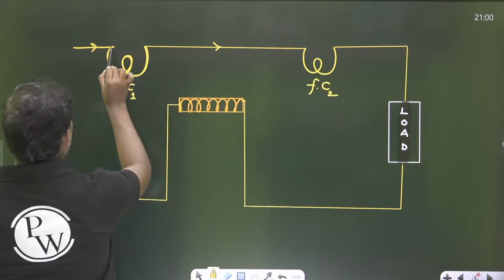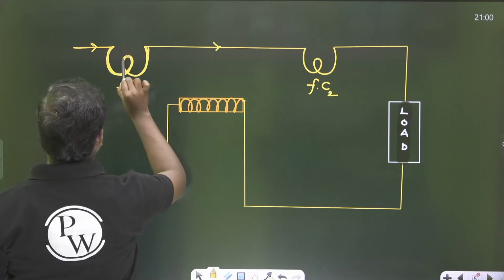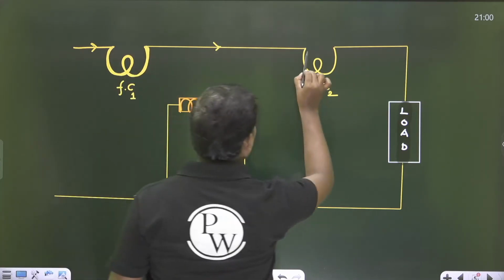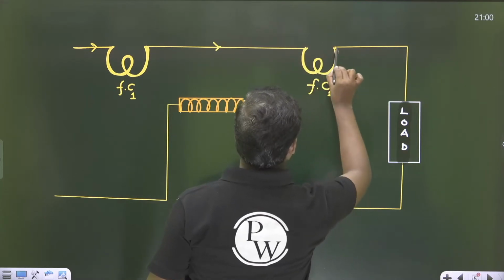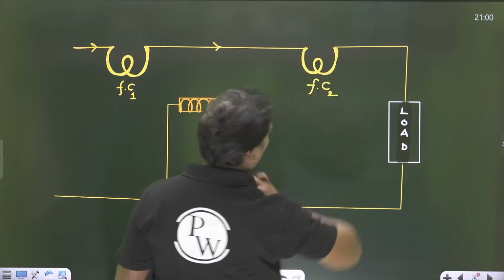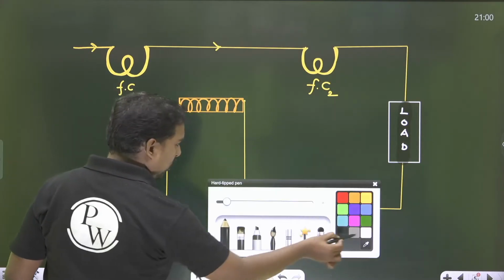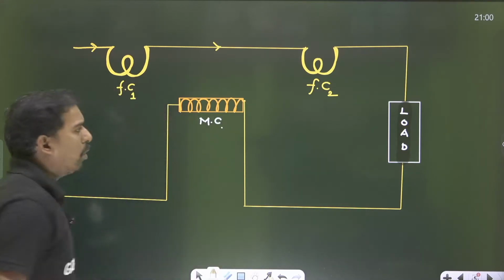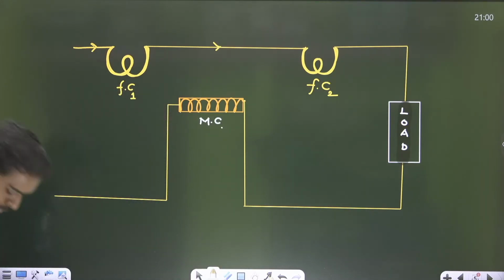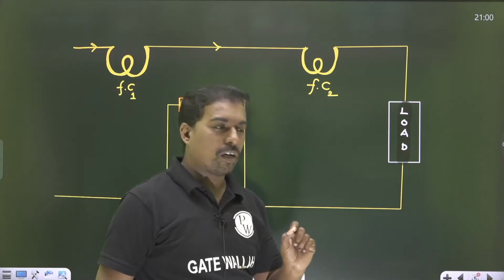The fixed coil is used to carry the current, so their constructional features are accordingly. Whereas this is the moving coil. How it acts, I will tell you. If you see these particular fixed coils, the fixed coils are thin.